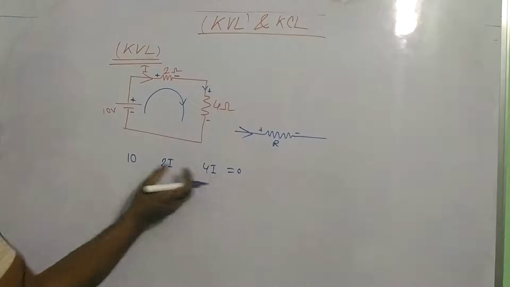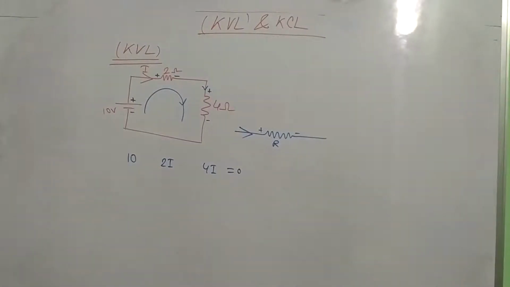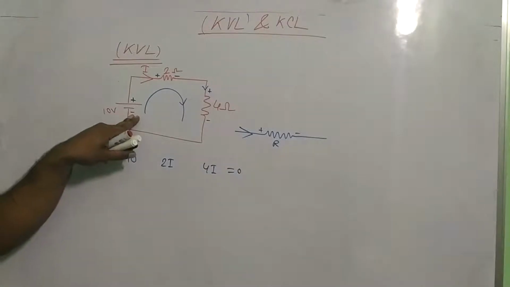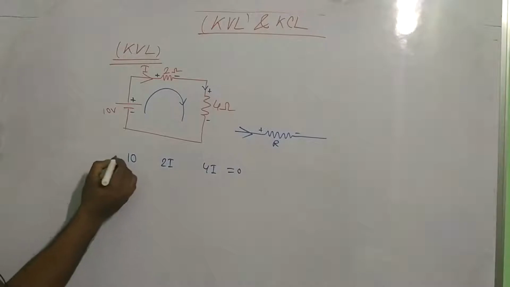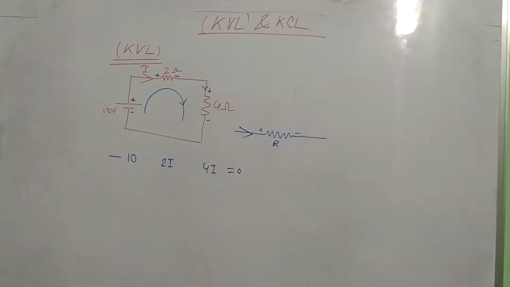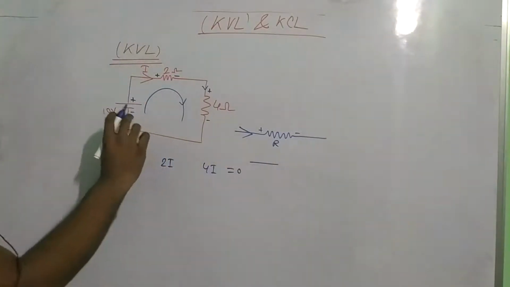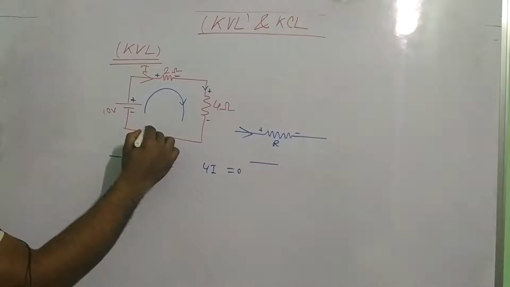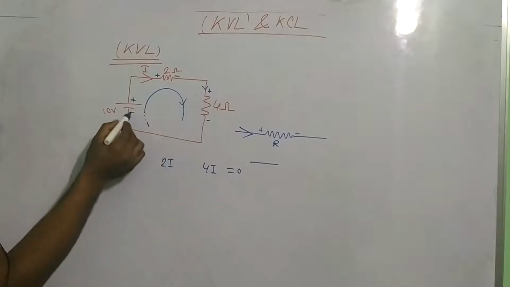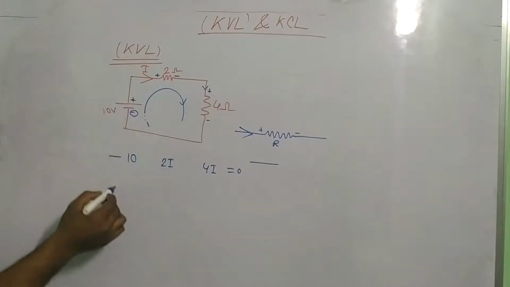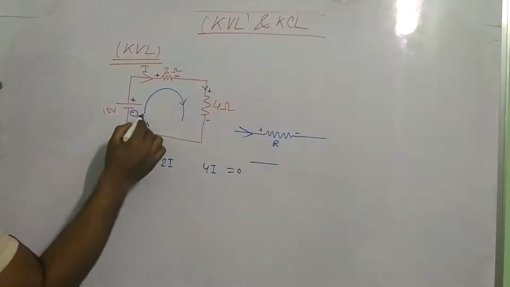So the algebraic sum of these voltages equals 0. When I take this voltage source, it is a minus. Why is this a minus? Because I am considering the first sign. If I am walking through this position, the first sign coming is negative, that's why I take negative.